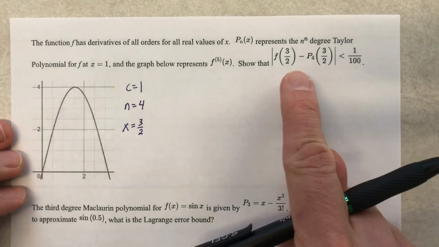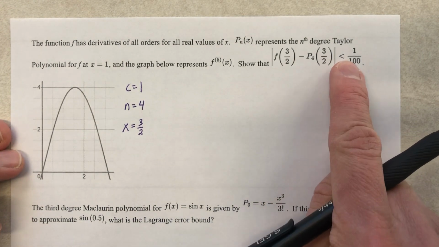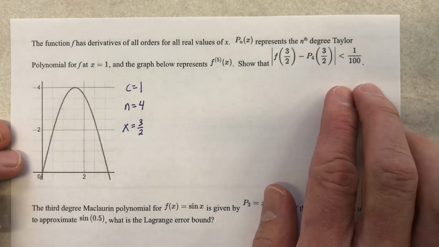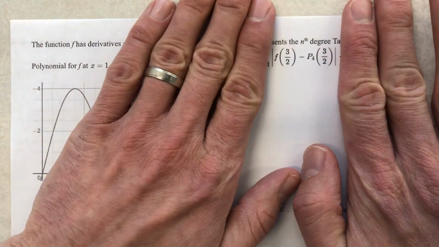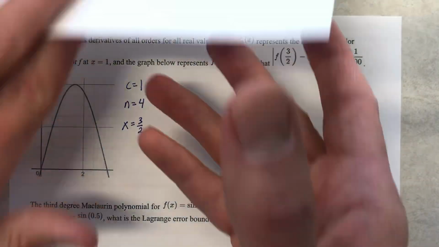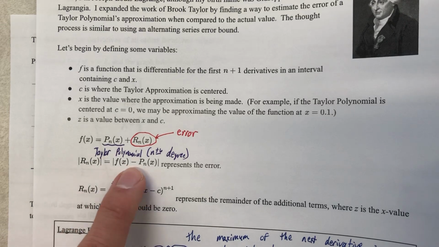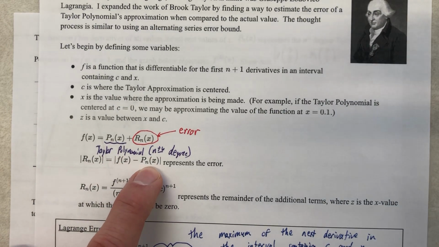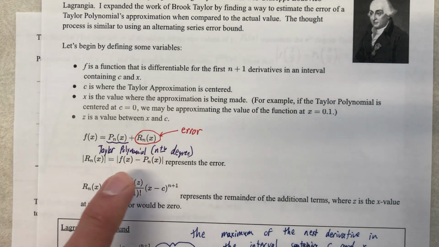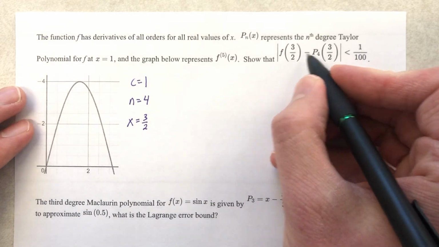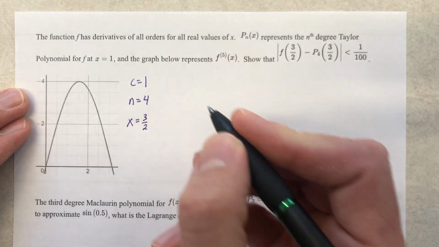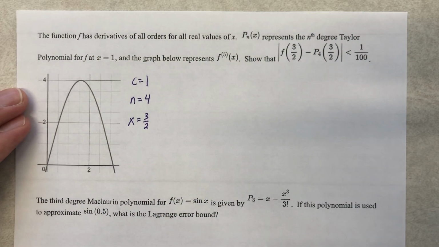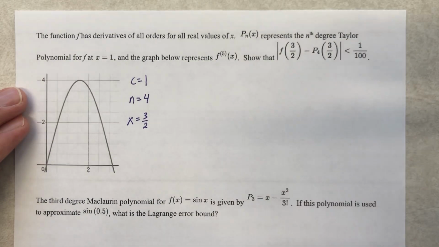And here it is. This needs to be less than 1 over 100, and even if that looks a little overwhelming to you, just look at this. This right here, the function minus the Taylor polynomial, is equal to the error. Okay, good. I'm going to write that then. If this was a free response question, don't overdo things.